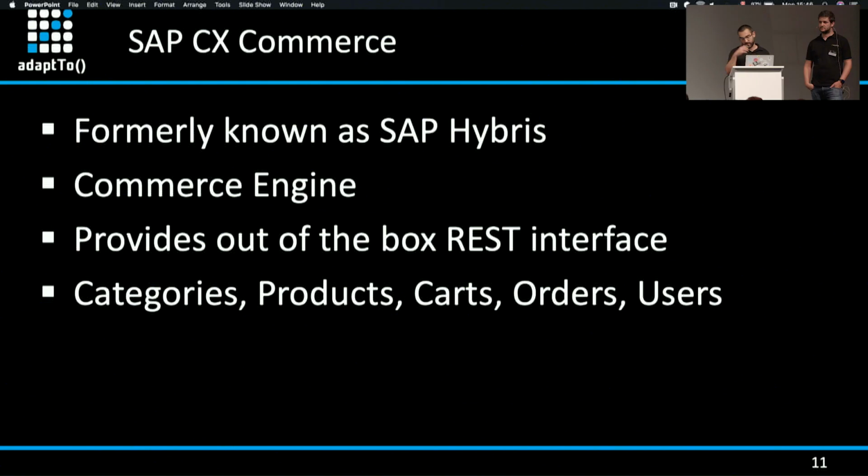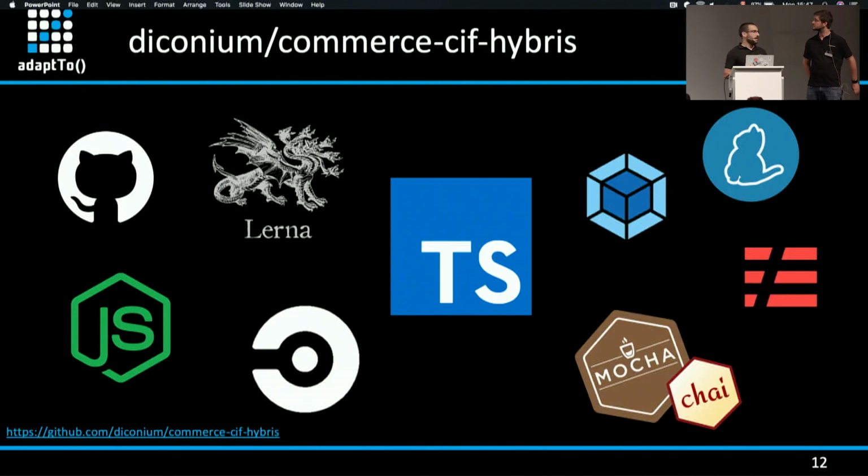It will have, as I was mentioning before, several entities like categories, products, carts, orders, users, or whatever we need for our online shop. So we wanted to build a middleware that would allow us to expose a different API than the one that Hybris has to the Adobe Experience Cloud in a seamless way.